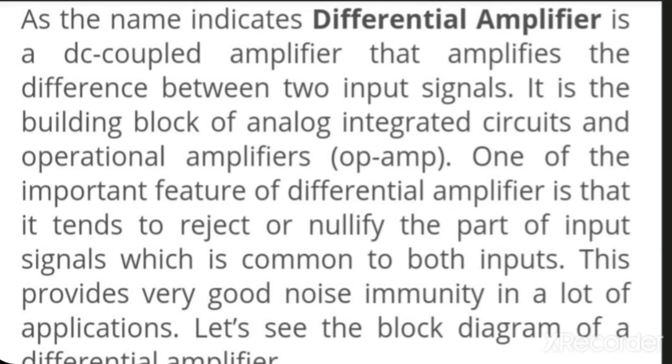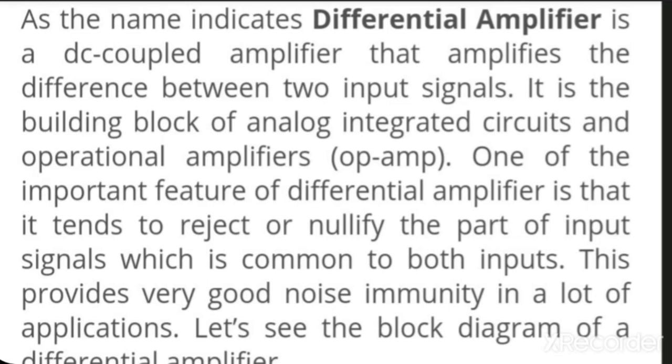As the name indicates, differential amplifier is a DC coupled amplifier that amplifies the difference between two input signals. It is the building block of analog integrated circuits and operational amplifiers. In short, operational amplifiers are called op-amp.